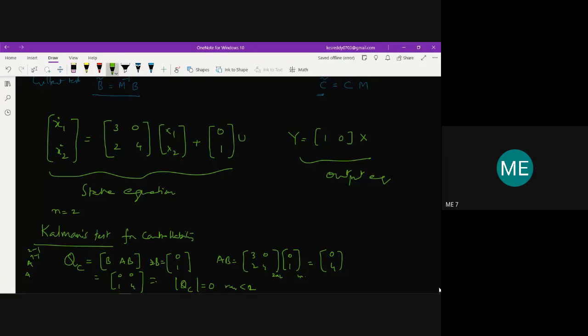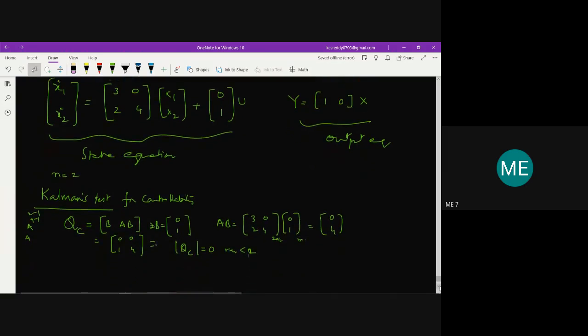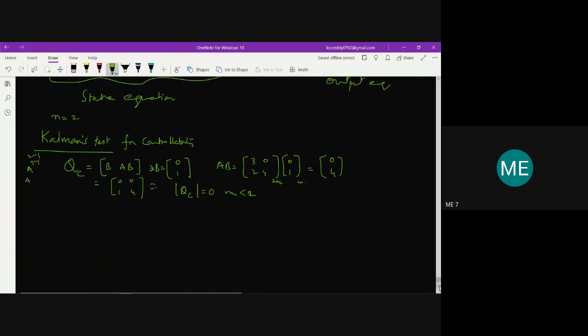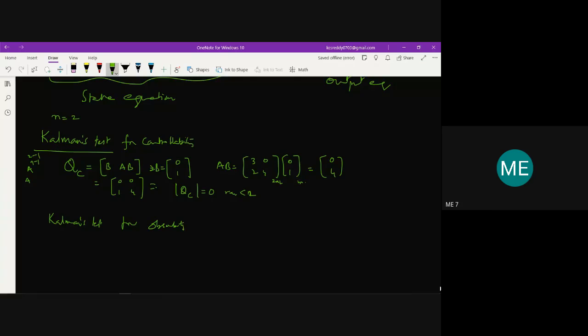Observability can also be tested by using the Kalman test. What is the Kalman test for observability? We need to find the QO matrix, that is C transpose, then A transpose C transpose.